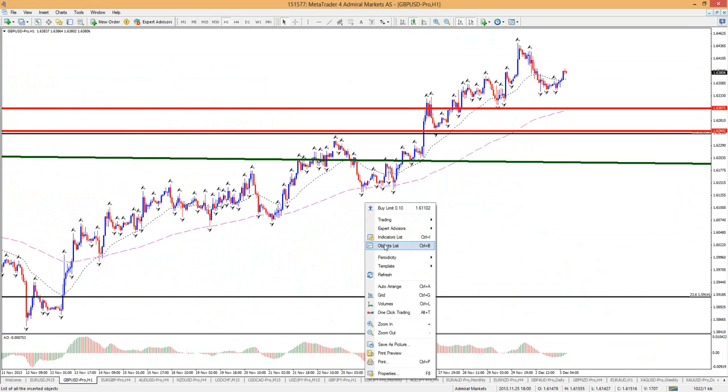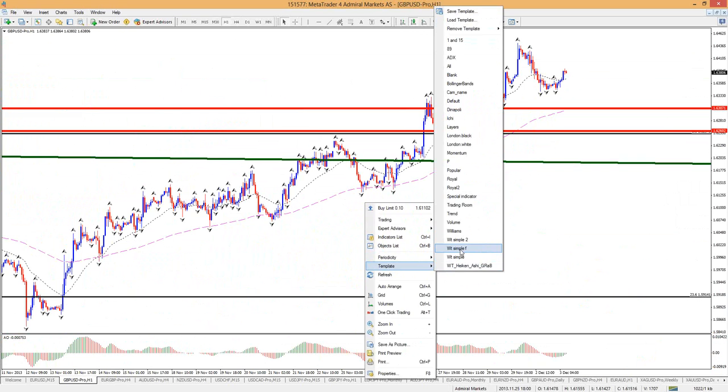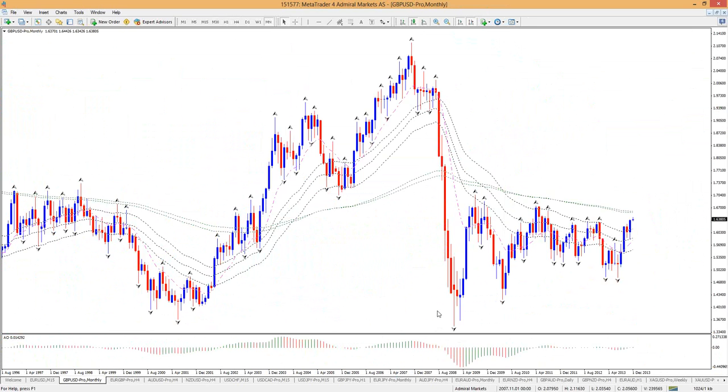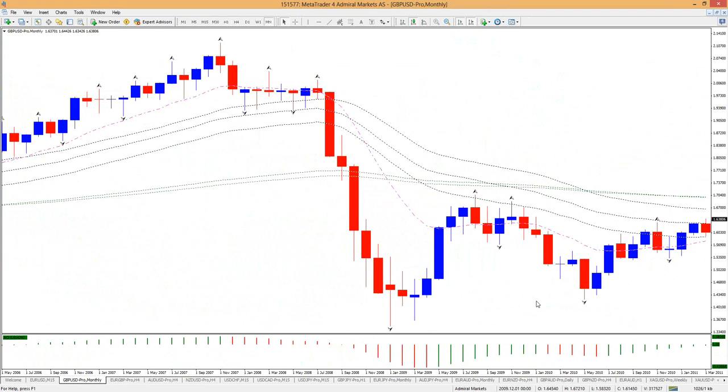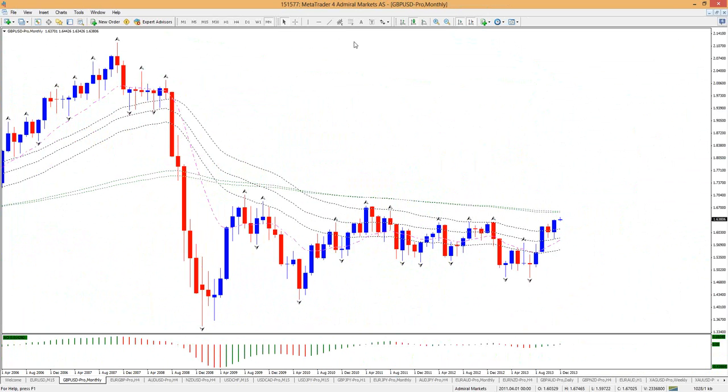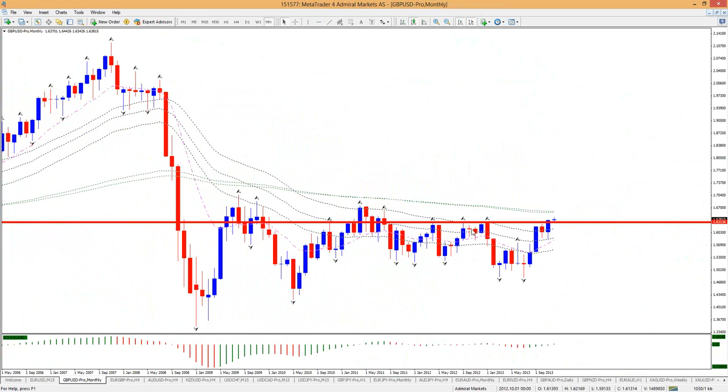Pound dollar. Monthly. Well, November saw a big push through the resistance at 162.50 and 163.13. So that was a pretty interesting development.